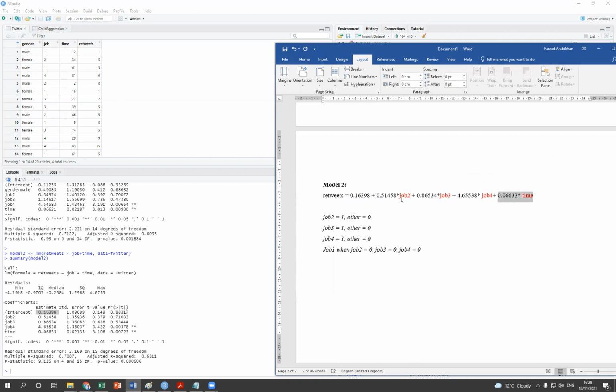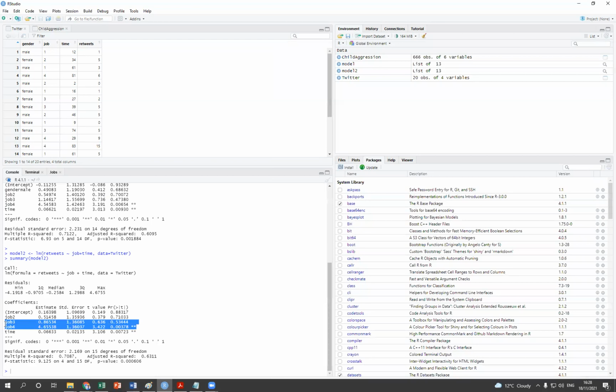But between job 2, job 3, and job 4, job 4 plays a more important role because it is definitely statistically significant, and these two are statistically significant in this model. So I hope it's clear what you've got to do with categorical variables when you have them in your model and how you can put them into factors. This is something that you may want to use in your coursework. Thank you very much, guys.